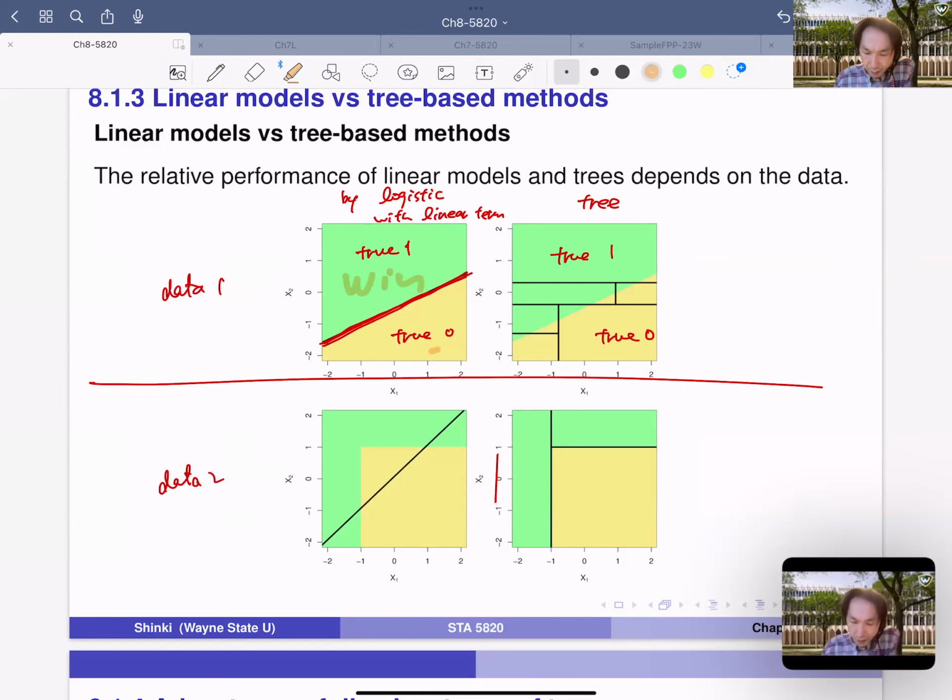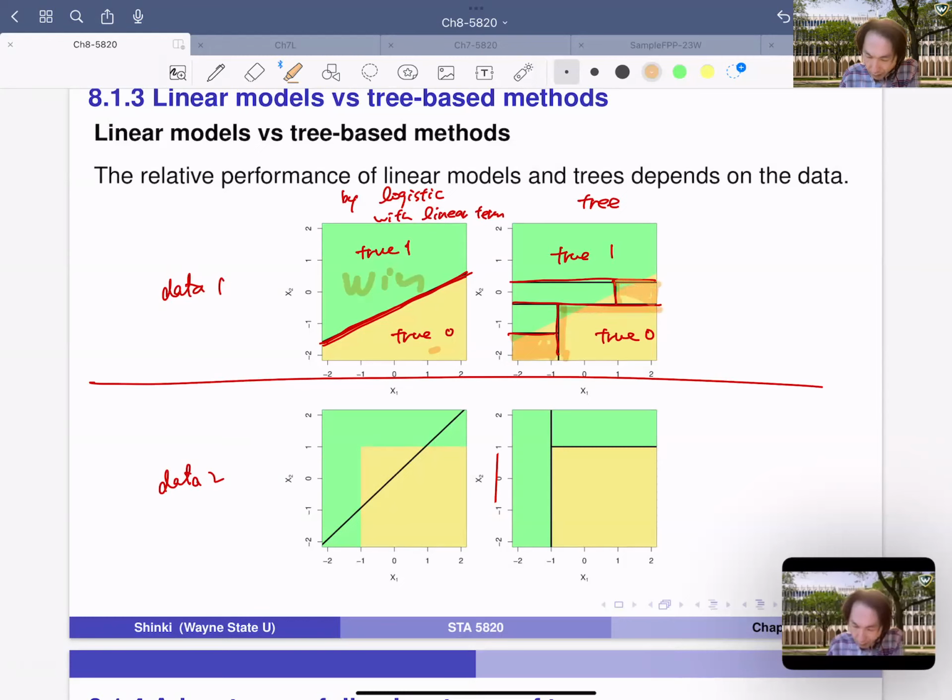And if we use the tree-based method for this data, probably at first they divide the data set by this boundary, then maybe this boundary and this boundary and this boundary and this boundary. But still, the error size is pretty large. So probably this region, and this region, and this region.